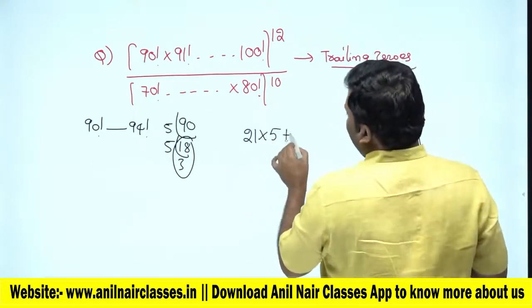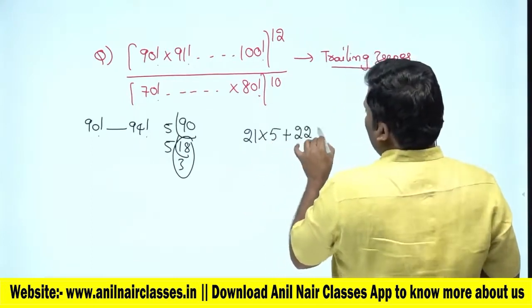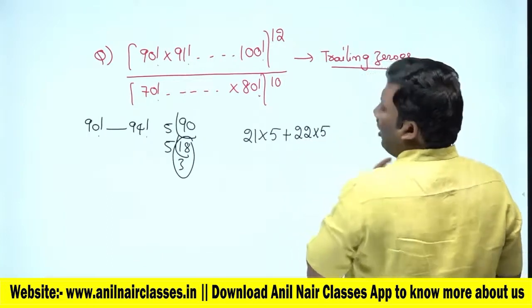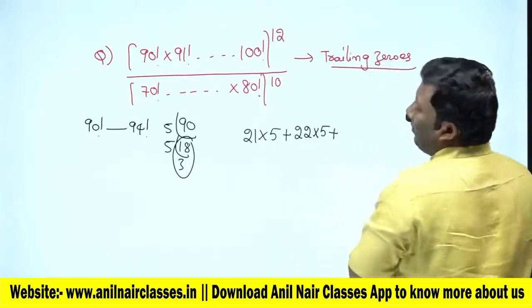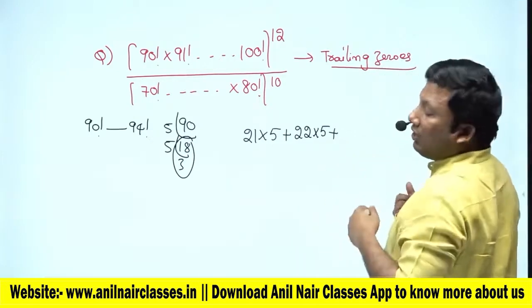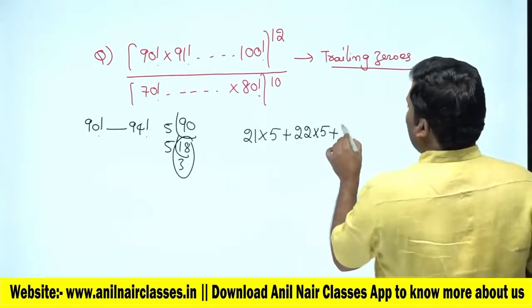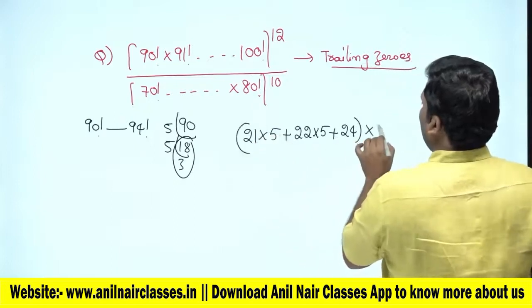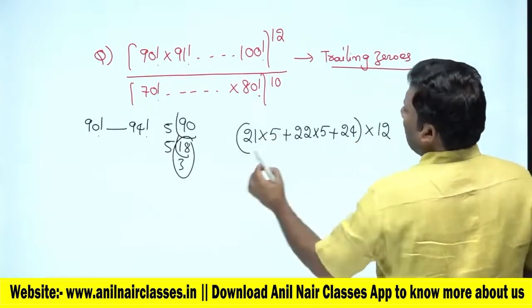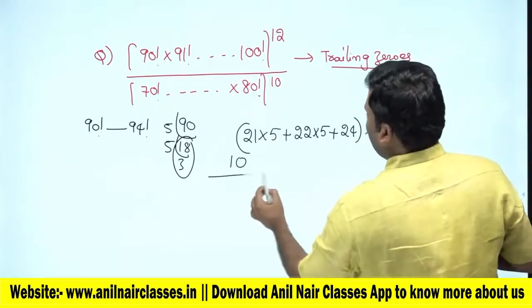Then 95, there will be an extra 1: 22 into 5. Are you all with me? Plus 100. 100 will be 25 into 4. Extra 24 will come. This is into 12. This is the number of zeros at the end.